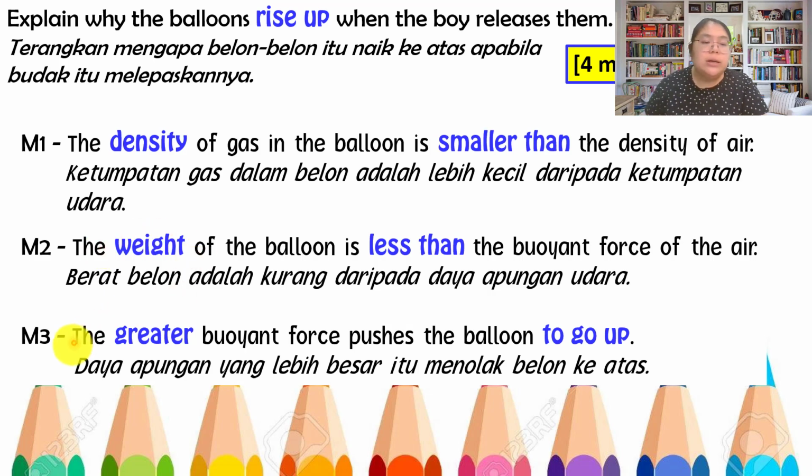Number 3, greater buoyant force. When you say greater buoyant force, then you mention the balloon will go up. You can say the resultant force pushes the balloon up. That means you get number 4.